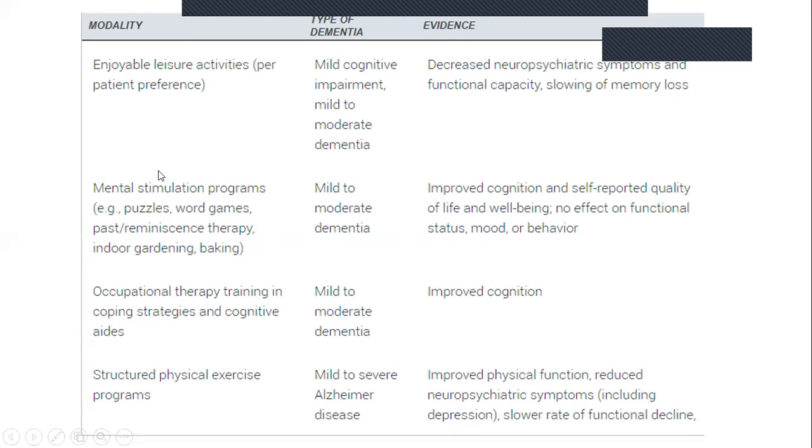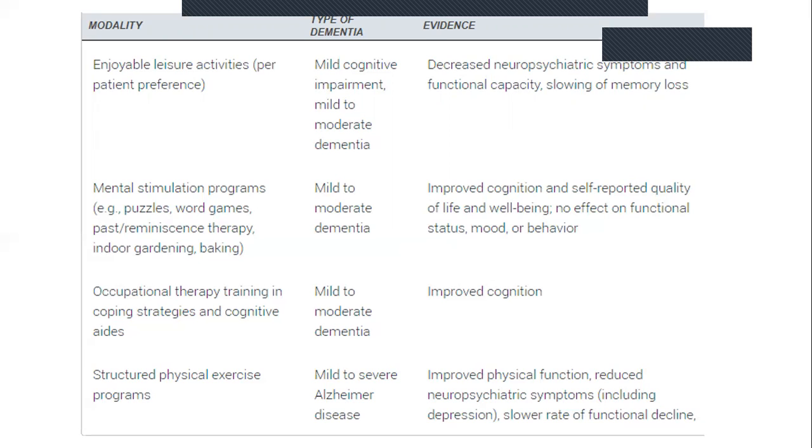And when these modalities were used, there is improved cognition and self-reported quality of life is also there. And self-reported, the patient himself is saying that there is some change in his behavior, and no effect on functional status, mood or behavior. So these include mental stimulation programs like playing puzzles, word games, and past or reminiscence therapy, like making them recall all the old memories, indoor gardening, baking.